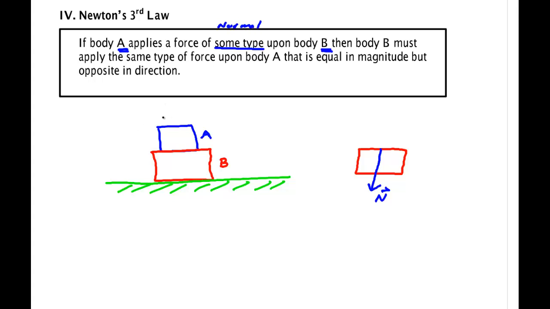If it does this, the third law says that there are some things that the other block has to do. It says then the red block, body B, must apply. It didn't say you could choose to if you wanted to. You must do this. You must apply the same type of force. It's got to be a normal force. You got to apply it to body A. Do I need a free body diagram, I guess, over here at body A?